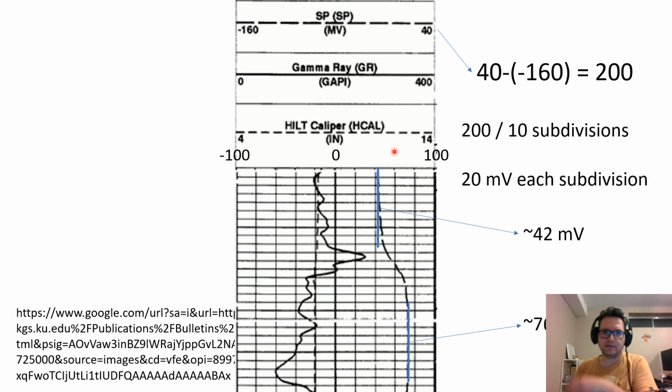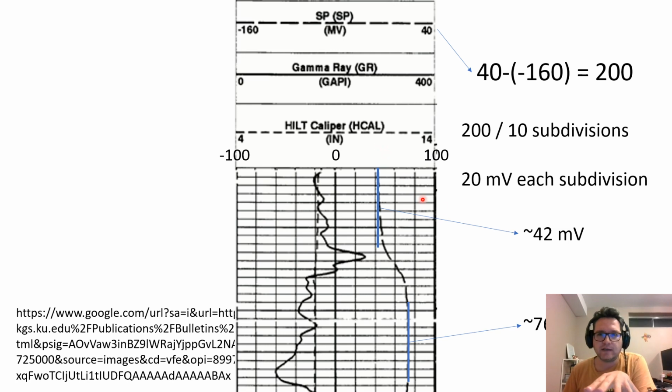So for the SP especially, we pick the center line and we take it as 0. Everything left of the center line will be minus, and everything right of the center line will be plus.